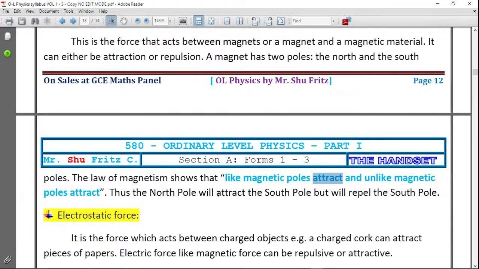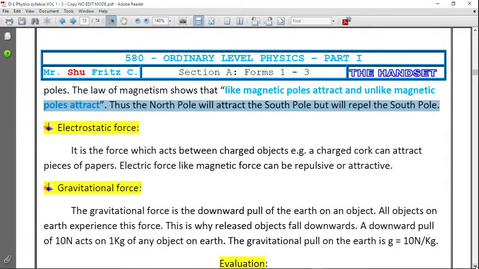Please take note of this. Thus, the north pole will attract the south pole, but the north pole will repel the north pole.